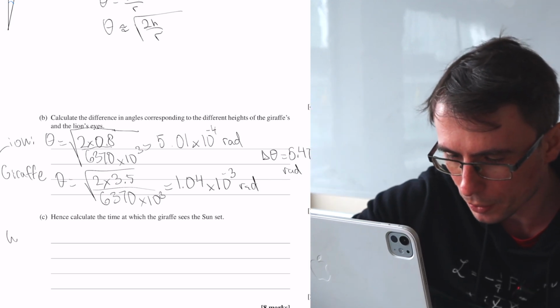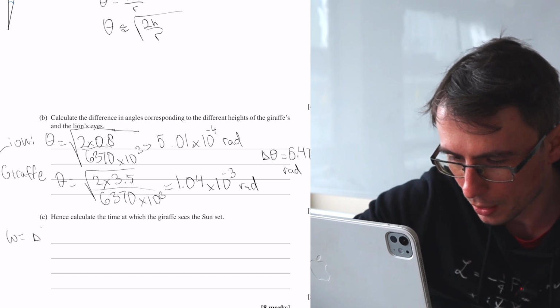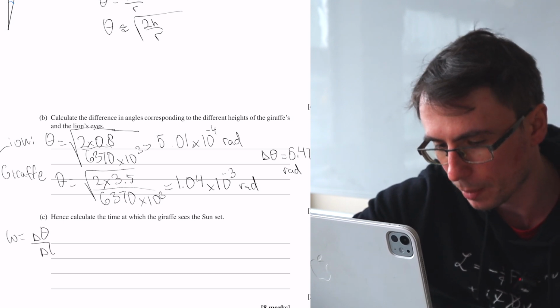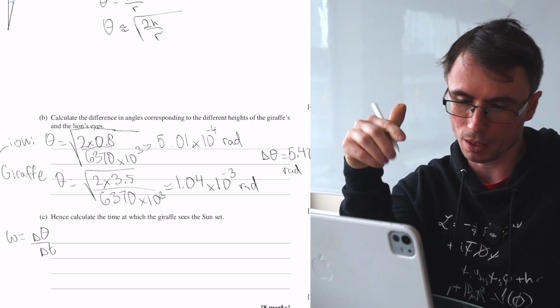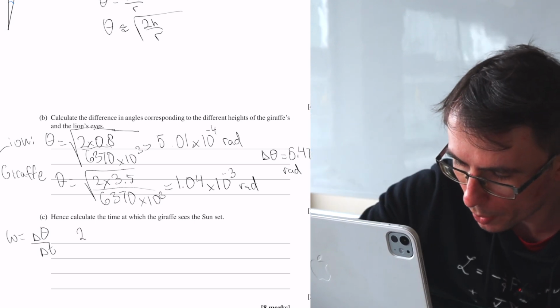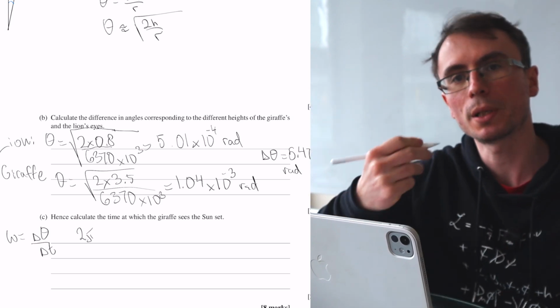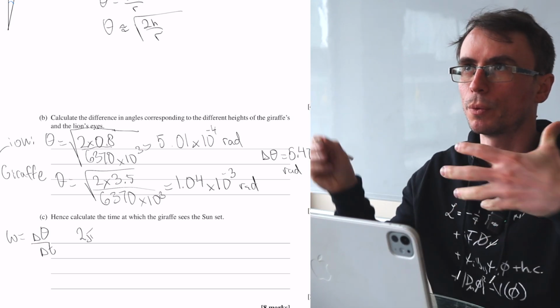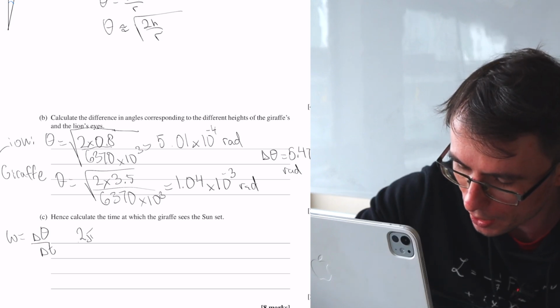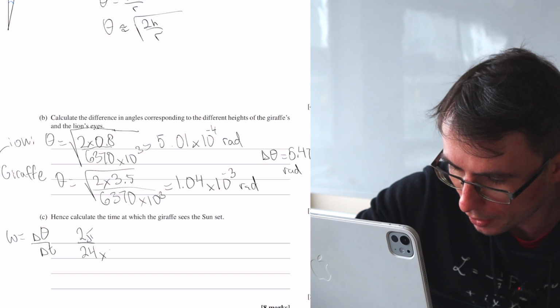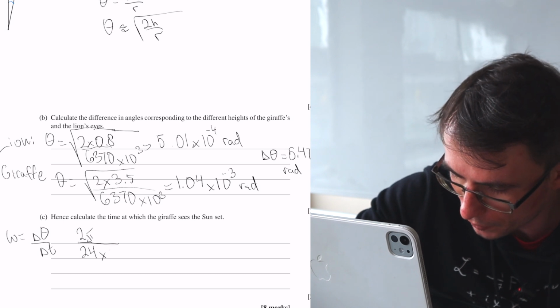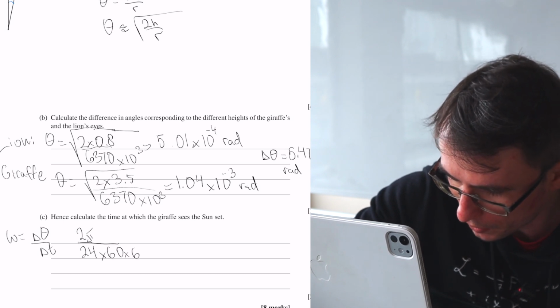You can define a quantity omega to be the change of angle divided by time, governed by the rate of rotation of the Earth. And 2 pi, which is one full rotation, or 360 degrees if we're working in degrees, is going to take 24 hours, so that's 24 times 60 times 60.